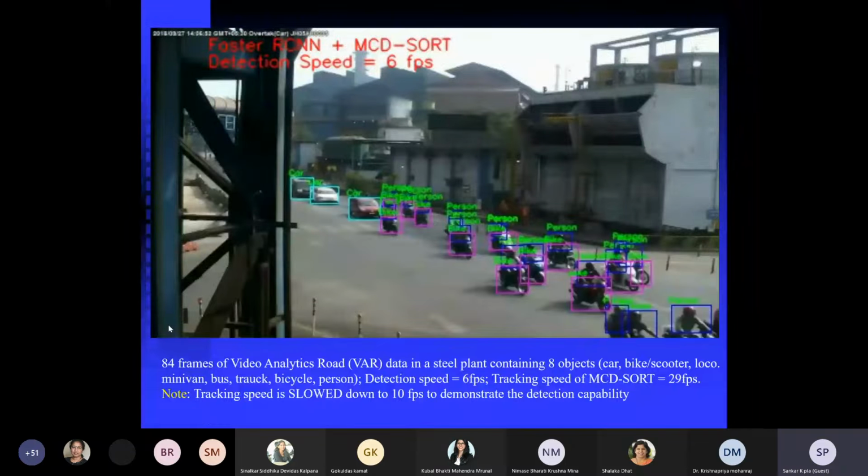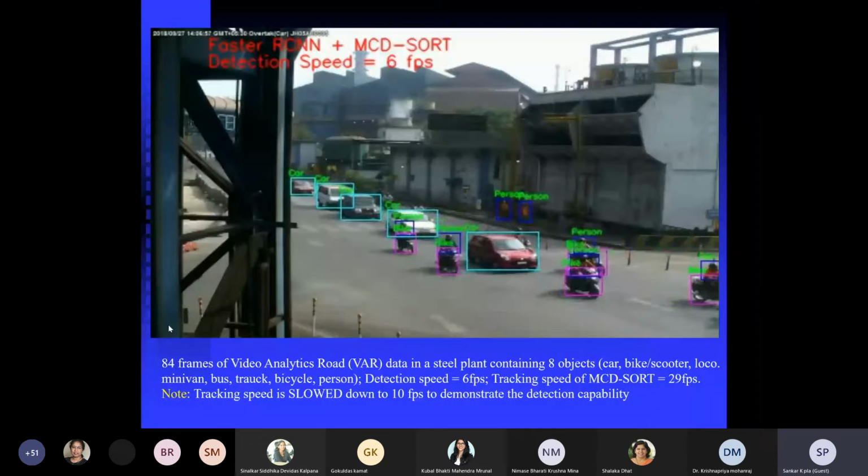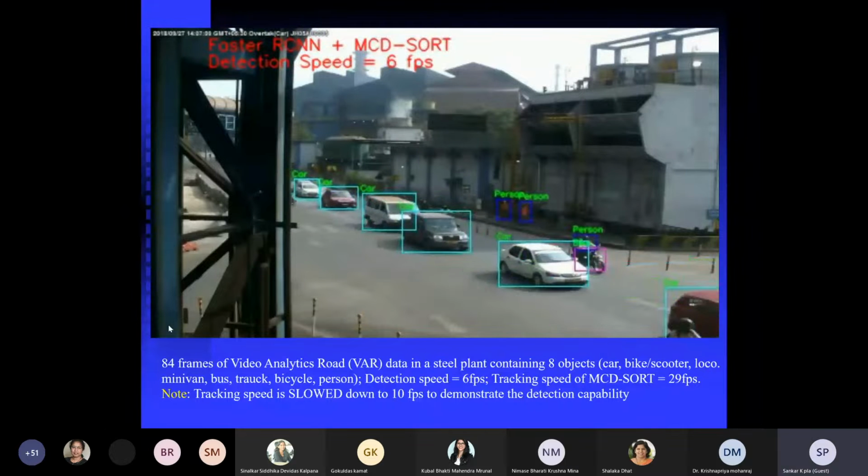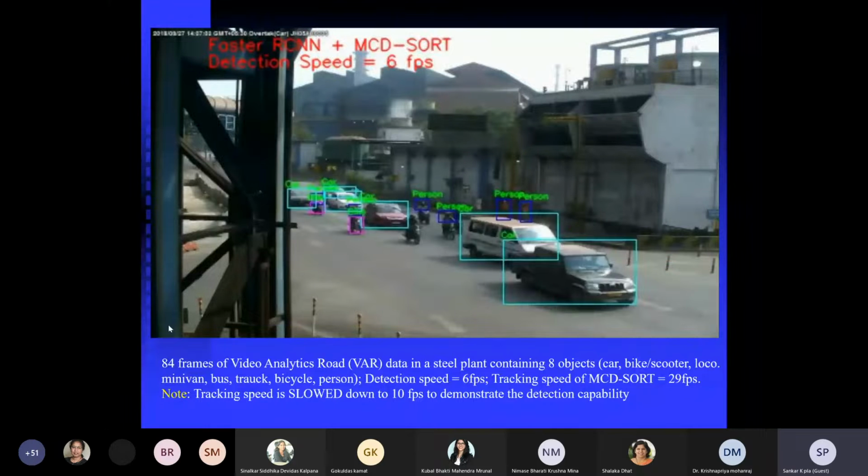This is within a steel plant in India. It's all bikes coming. It's within a steel plant, it is our data. So its original speed was much higher, but we have slowed it down to 10 frames per second, just to visualize this one.